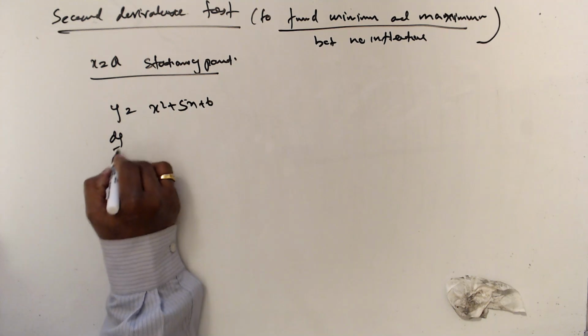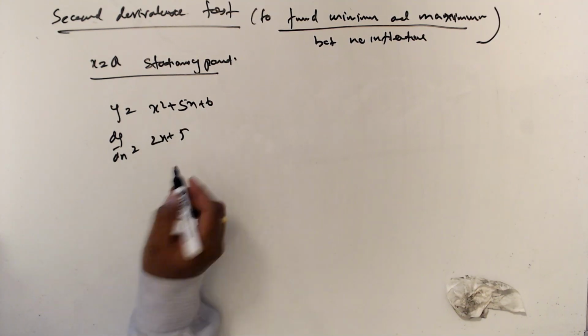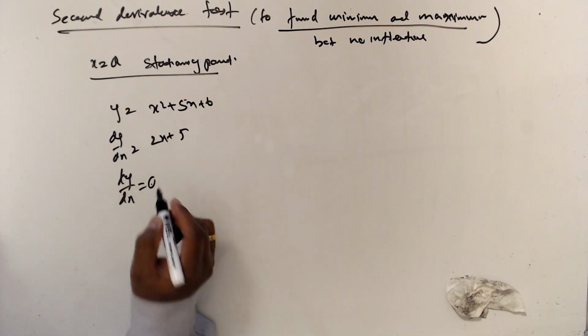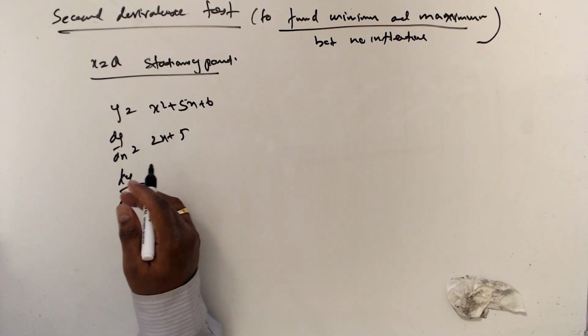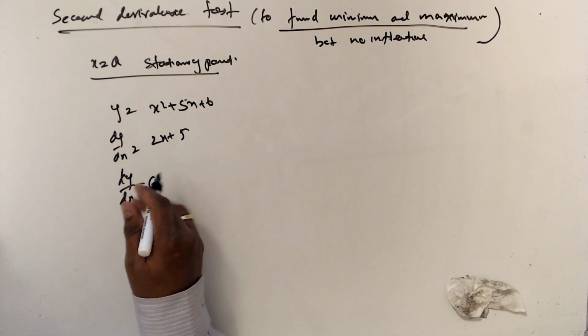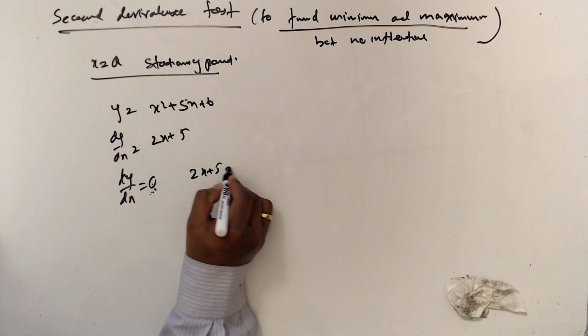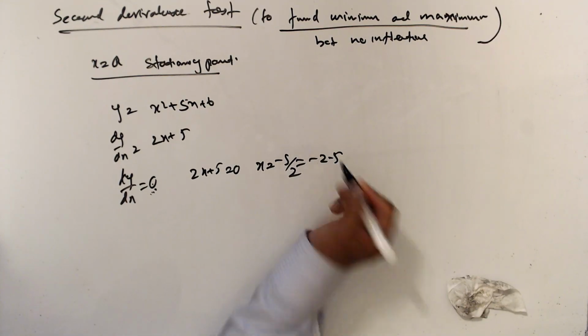Then you take dy by dx, 2x plus 5, and you want to find the stationary point. Then dy by dx equals 0 because it is stationary, not moving, not increasing or decreasing the function. So 2x plus 5 is 0, x is minus 5 over 2, minus 2.5.